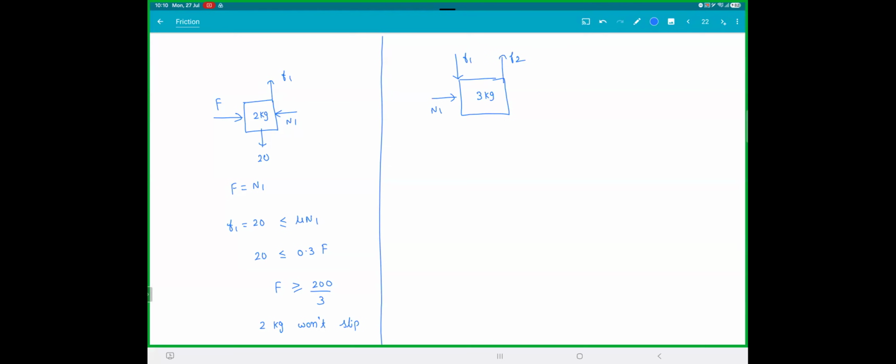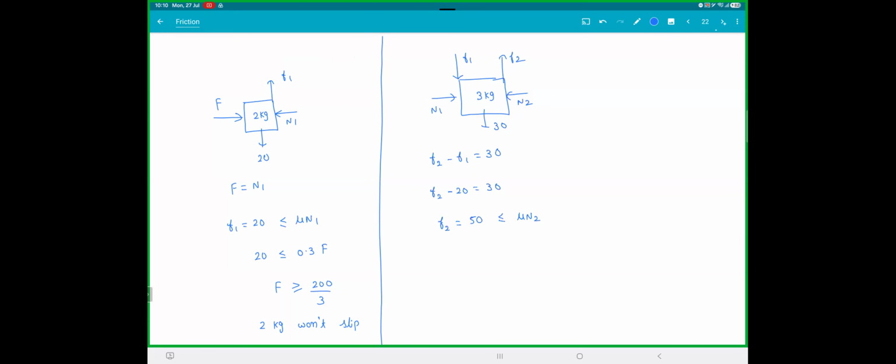This will be F2, this will be N2, and this will be 30. So we can clearly see here F2 minus F1 is 30, but I already know F1 is 20. F2 is 50. You're not slipping, so this should be less than or equal to mu N2.